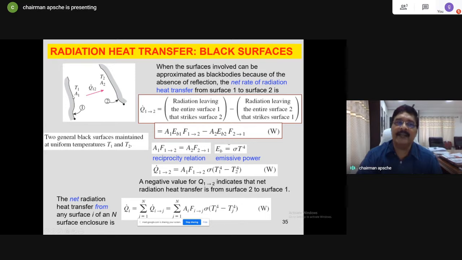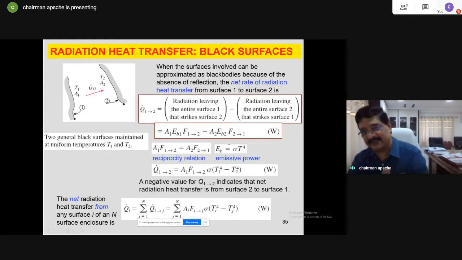And EB1 into A1 amount of radiation is leaving. How much is going to fall on surface 2? The radiation shape factor between 1 and 2, F1 to 2. So a radiation amount of EB1 multiplied by A1 is leaving surface 1, and F1 to 2, as a fraction, is intercepted by 2.